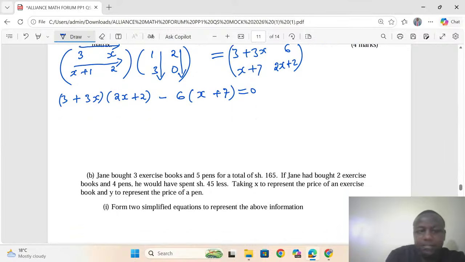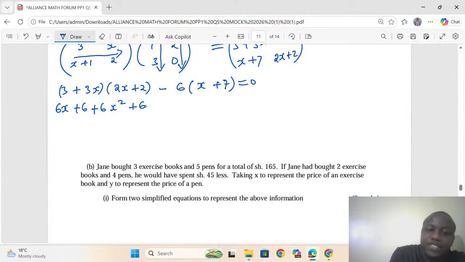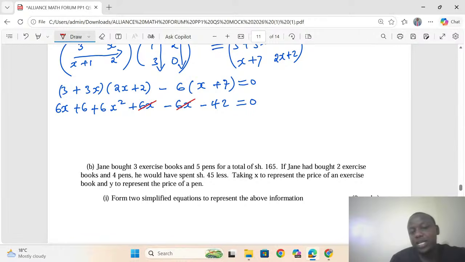All right, can we expand? Can we open brackets? 3 multiplied by everything in the second bracket becomes 6x plus 6. Then 3x multiplied again by everything. This becomes 6x squared plus 6x minus 6x minus 42 equals 0. We can group terms together. Look at this, 6x minus 6x cancels out.